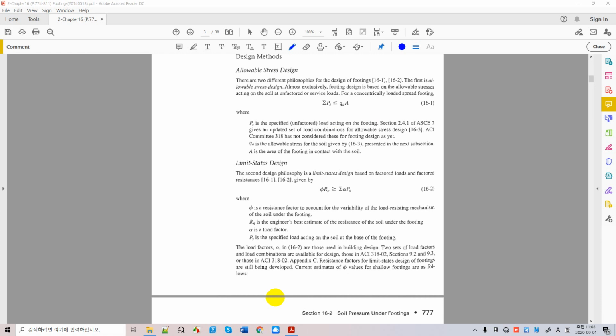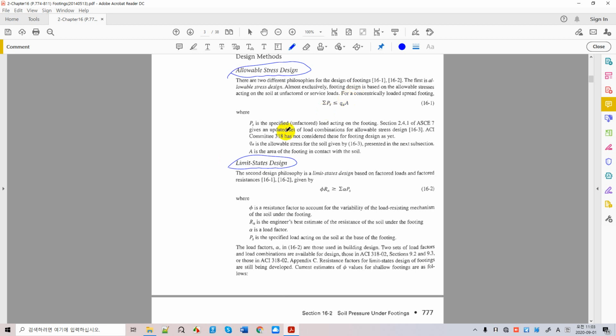Design equations are very similar to those from concrete design. We have two types of design method. The first method is called allowable stress design, and the second is limit state design. Limit state design is similar to the ultimate strength design in concrete as well.